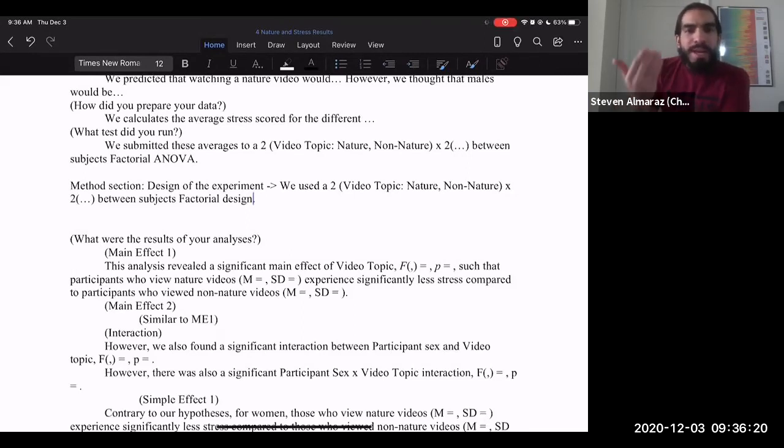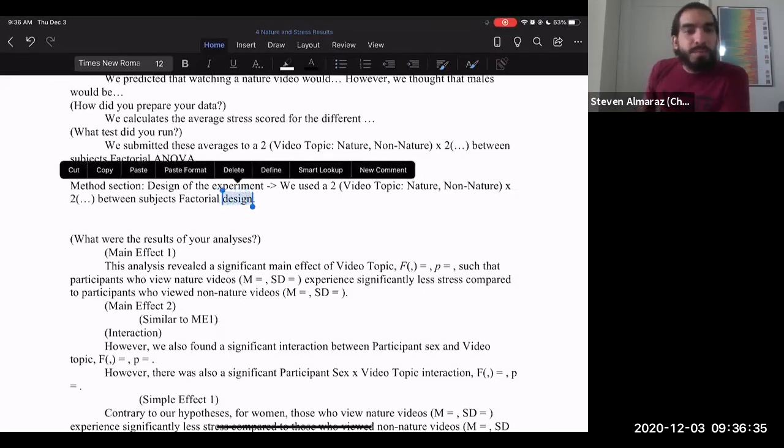So if you had a 3 by 3 between subjects factorial design, then you ran a 3 by 3 between subjects factorial ANOVA. So we're basically just taking this last word and replacing it with ANOVA. Okay, ANOVA is just a type of test. We've got t-tests, z-tests, and ANOVAs.